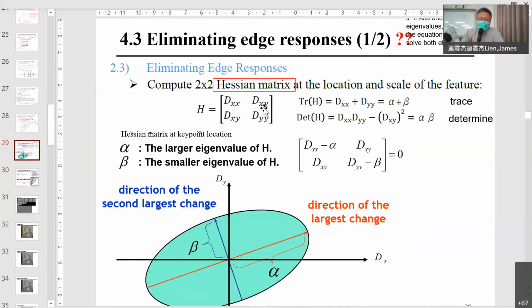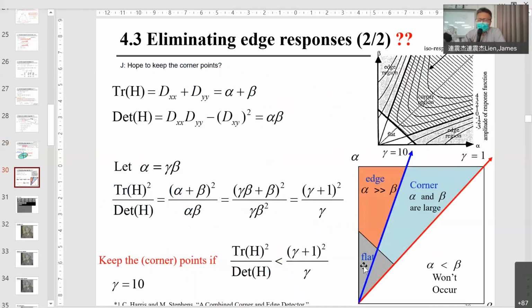Let's say it again. Based on the Hessian matrix, because the derivative is the strength of change, 那强度是什么？The intensity can be represented by the eigenvalue. If the strength is small, there is no texture, because texture is variation. If alpha is bigger than beta or beta bigger than alpha, it is an edge.